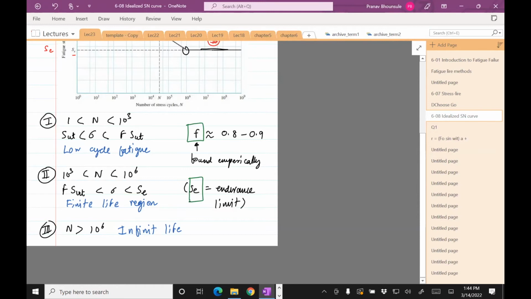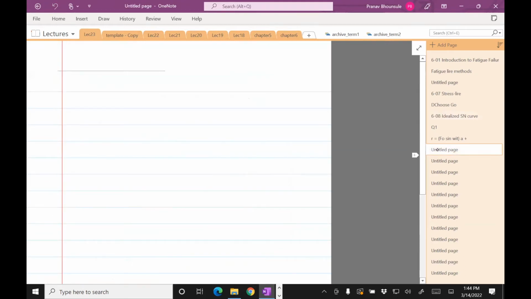Both of them are found empirically, and I'm going to give you equations for them, and these equations again come from plots like this. Okay, so this is how you get SE.